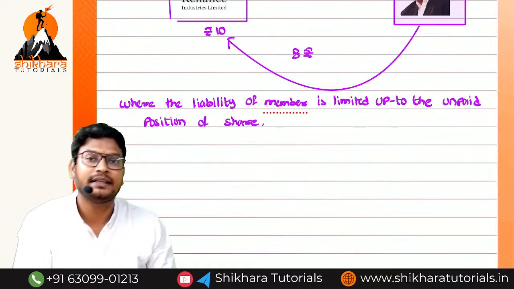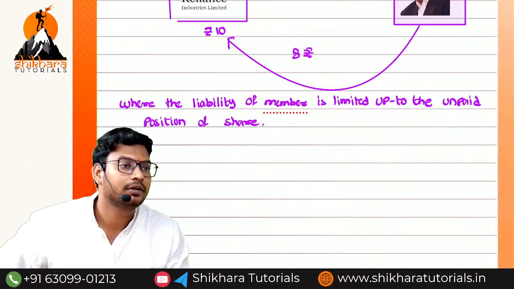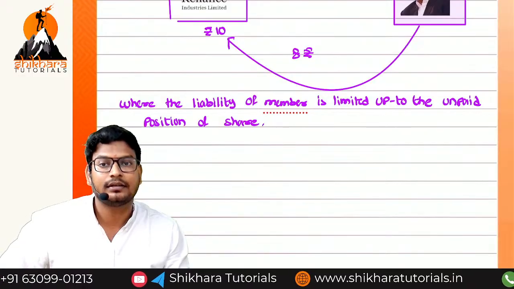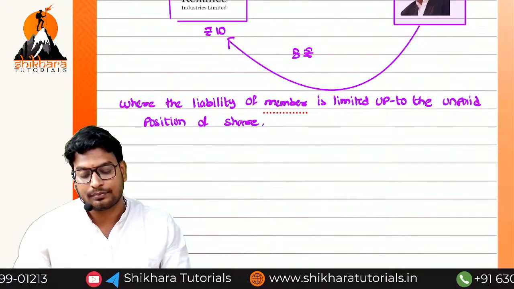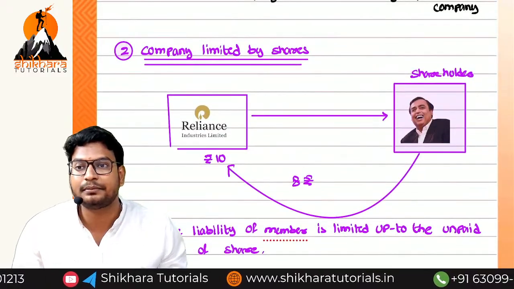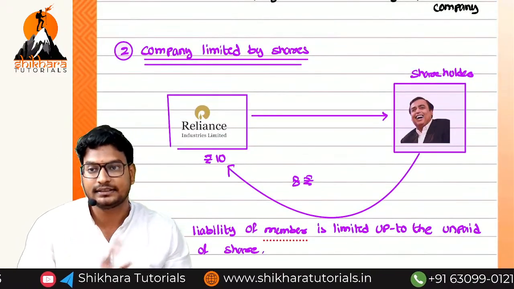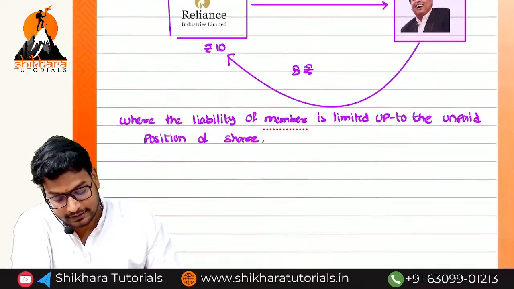That means Mukesh Ambani still has only 2 rupees of liability. He has already paid 8 rupees. So this is called a company limited by shares. And next, write the other one.